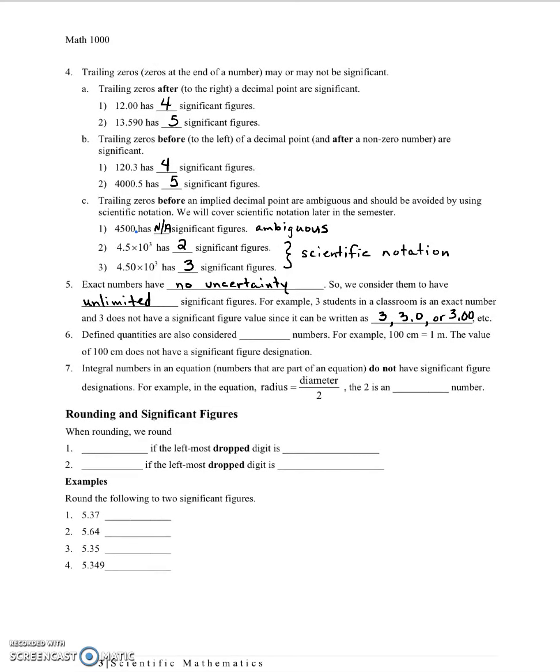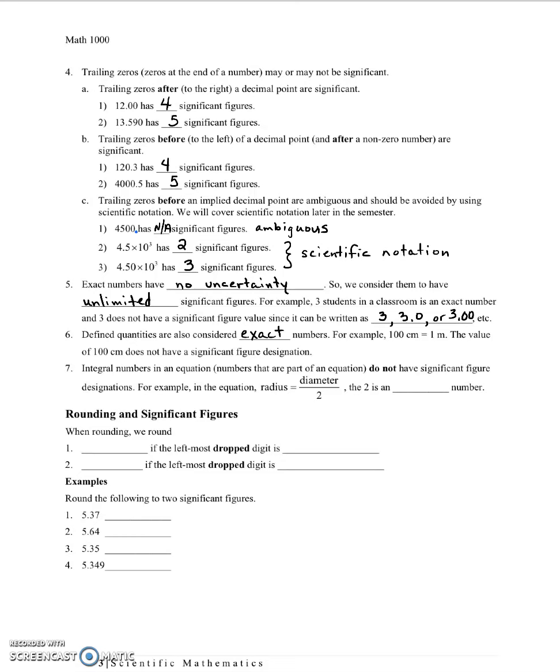Defined quantities are also considered exact numbers. So for example, 100 centimeters equals 1 meter. That is a defined value, so the value of 100 centimeters does not have a significant figure designation. But it's not ambiguous even though we have that implied decimal point, because it is an exact number because it's part of a definition.